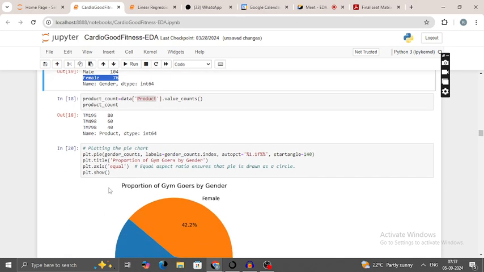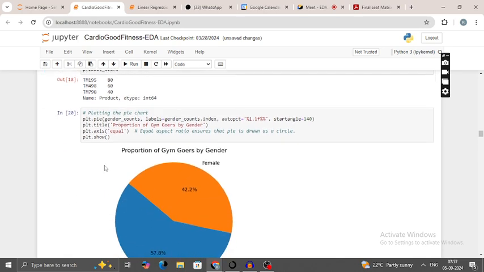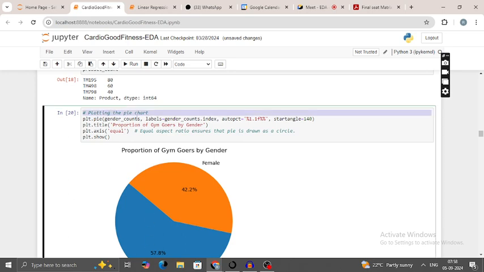Okay. Similarly, look at this. If you want to plot some pie chart and do some analysis, so this is a pie chart, plotting the pie chart. See plt.pie, gender counts, labels. This plt means matplotlib.